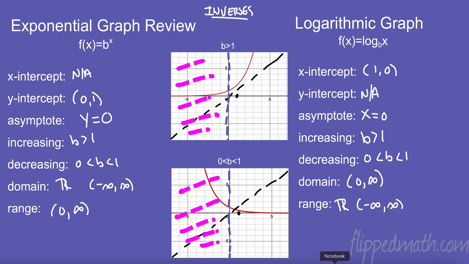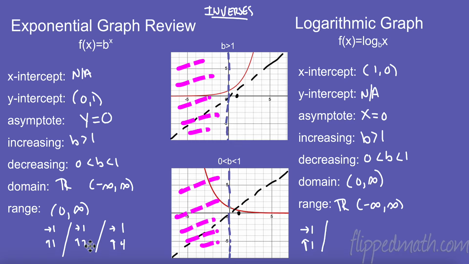So let's write that down. For the exponential, I went over 1, and then I went up 1. The next time, I went over 1, that stayed the same, and I went up 2 because it doubled. Then I went over 1, it doubled again, and it went up 4. That increases so fast, doesn't it? Well, the log is going to be the exact opposite. The first one will stay the same, over 1, up 1.